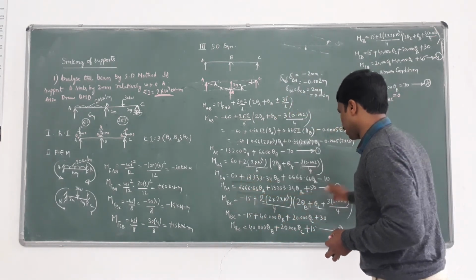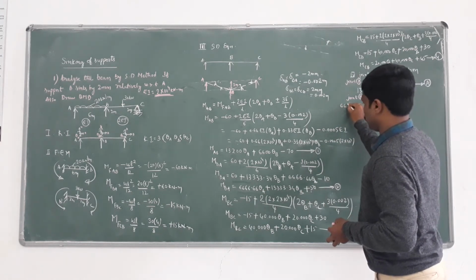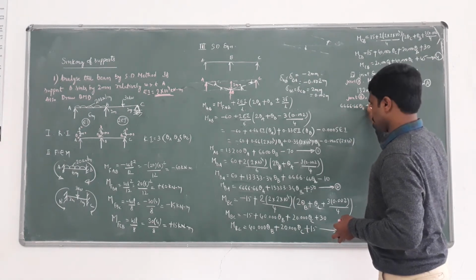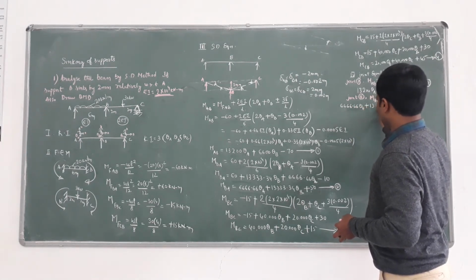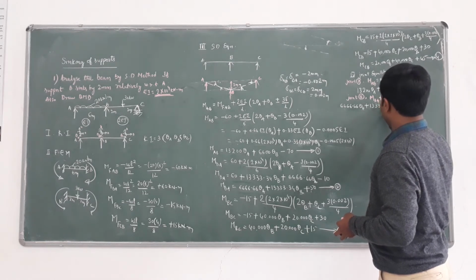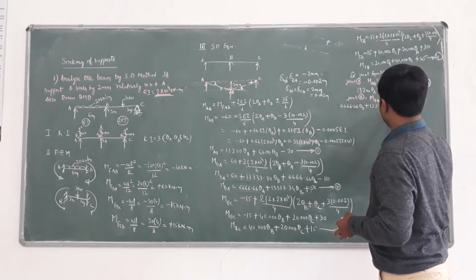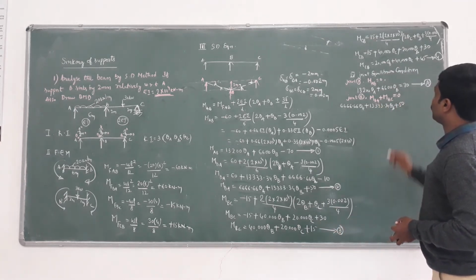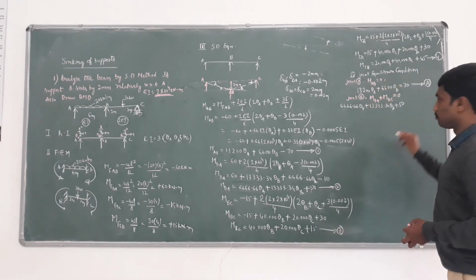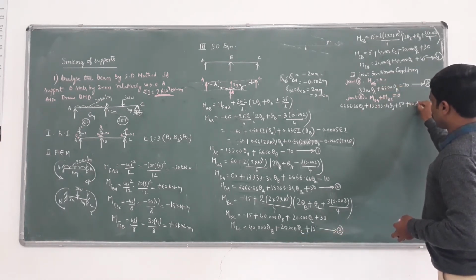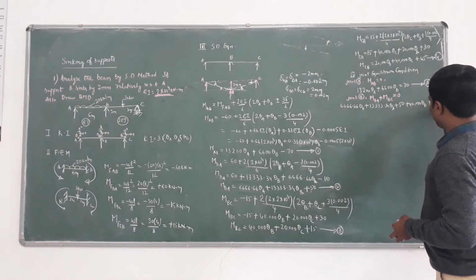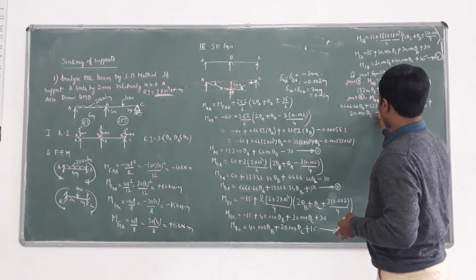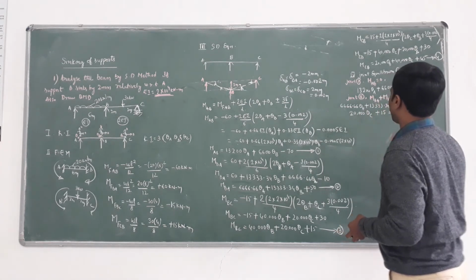MBA is 6,666.66 theta A plus 13,333.34 theta B plus 50. What is the value of MBC? MBC is 40,000 theta B plus 20,000 theta C plus 15 equals 0.